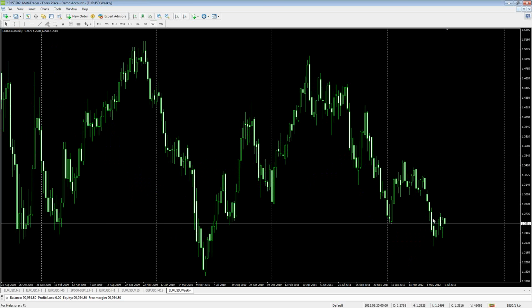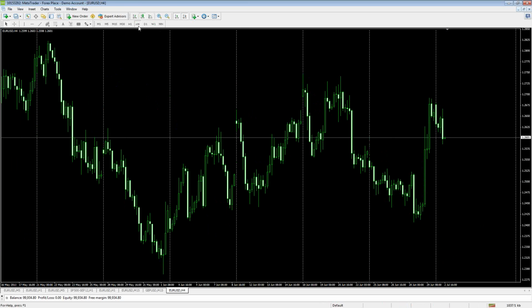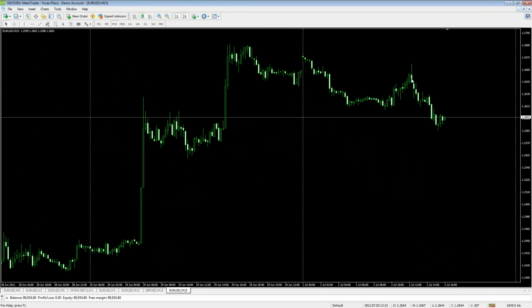You can see here on the weekly chart, it's very, very choppy. There's no clear direction at the moment. But obviously you're not trading the weekly chart, so those of you who are taking short trades, just be careful from fast reversals.